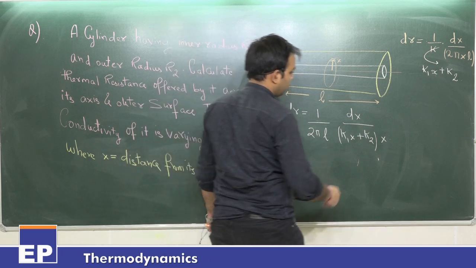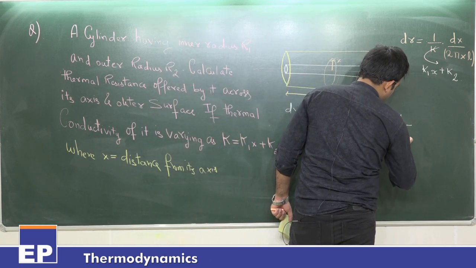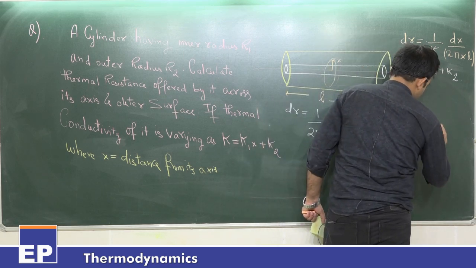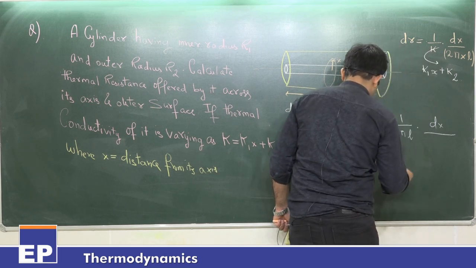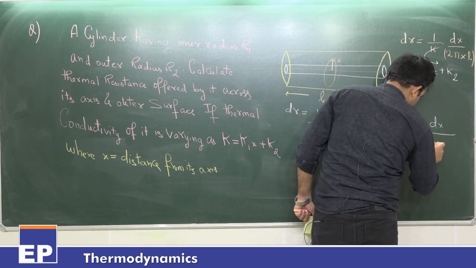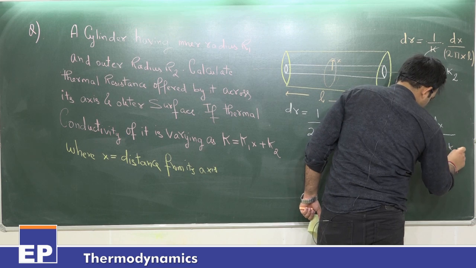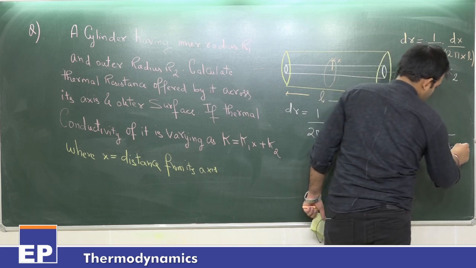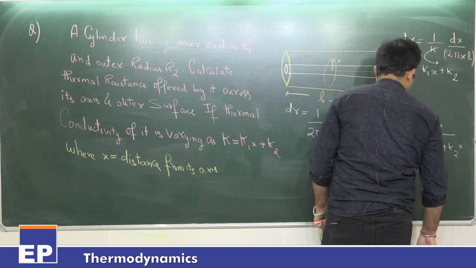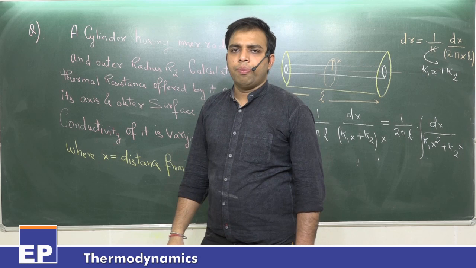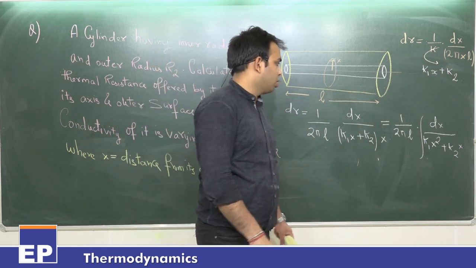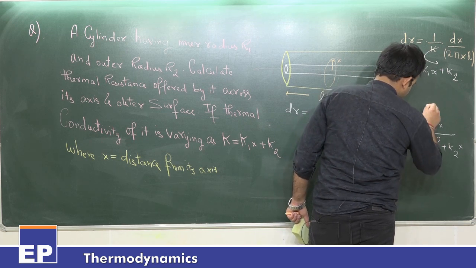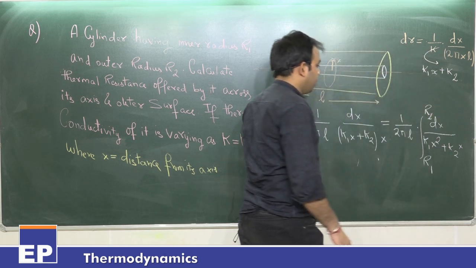That is dR equals 1 upon 2 pi L, dx upon k1 x square plus k2 x. Integrate it. When you will integrate it, you are able to calculate the value of resistance offered, and integrate x from R1 to R2.